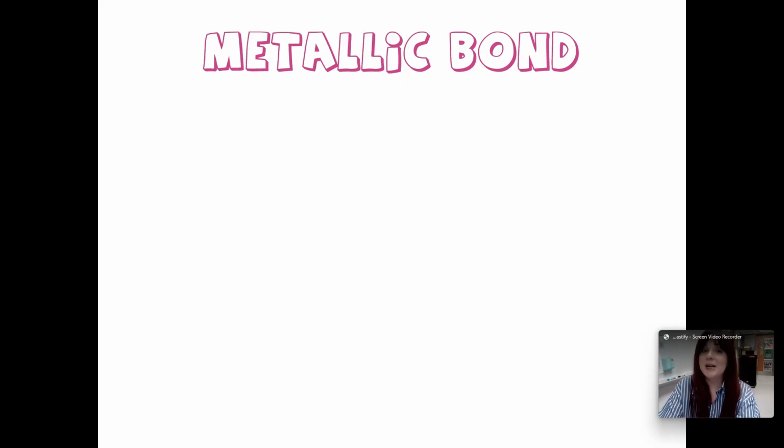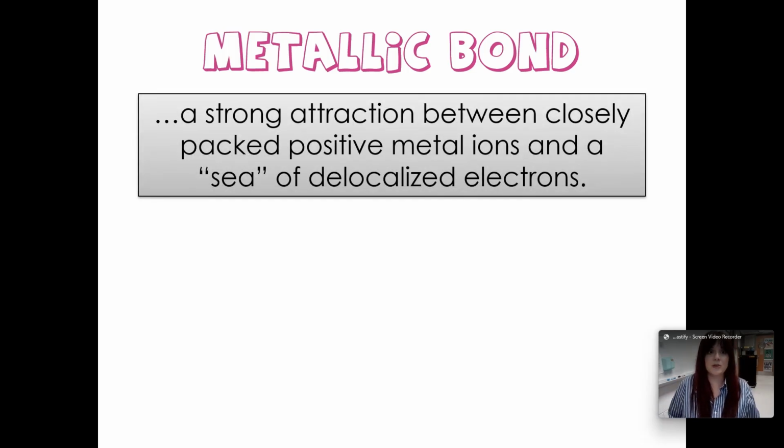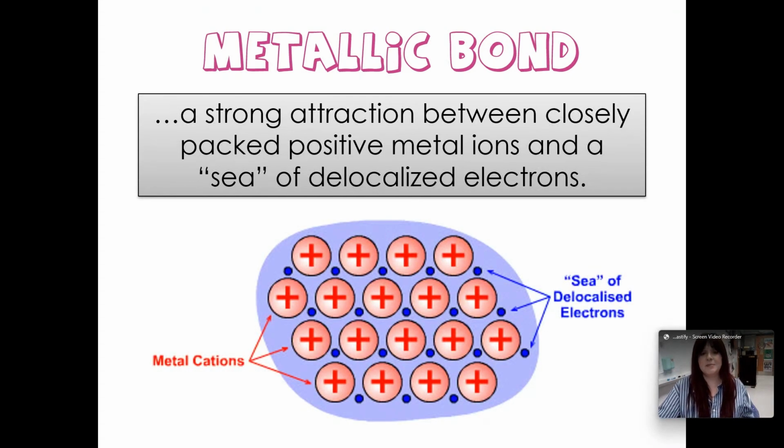The last type of bond is a metallic bond. So this is pretty easy because, of course, metallic bonds will only occur between metals. It's a strong attraction between closely packed positive metal ions and a sea of delocalized electrons. We tend to call it the sea of electrons. So what does that mean? I have this image here. In metals, it's only metals where we find a metallic bond.